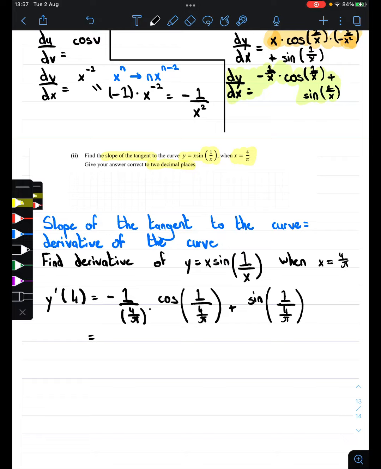And now this just flips around. It just becomes minus pi over 4 times cosine pi over 4.